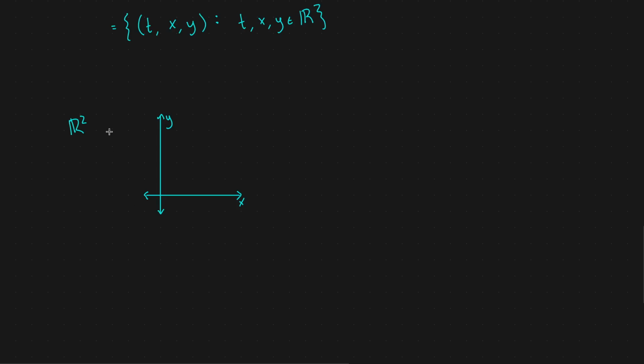Okay? I want you to imagine this lying flat on a piece of paper. So the way we usually illustrate three-dimensional space, we start with the coordinate plane, R2, and we imagine laying it down flat. So my X will stay about the same.